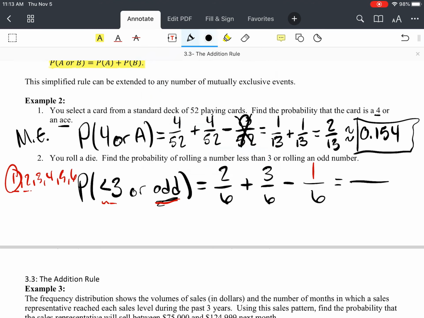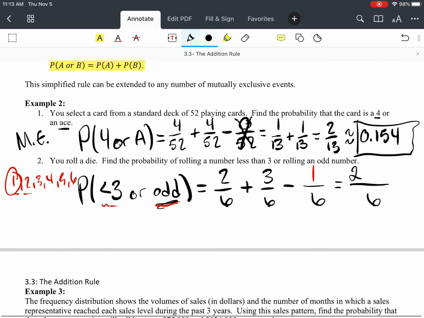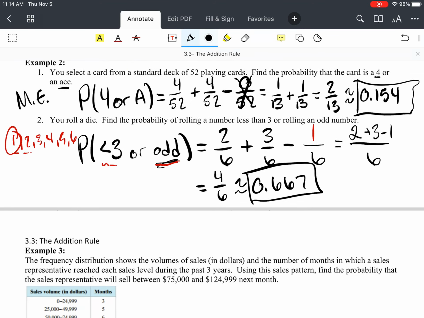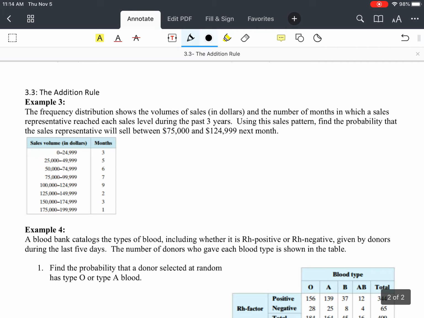Everything has the same denominator, so we can put it all over 6: 2 plus 3 minus 1. 2 plus 3 is 5, minus 1 is 4 out of 6, or approximately 0.667. That's what we're looking for here.